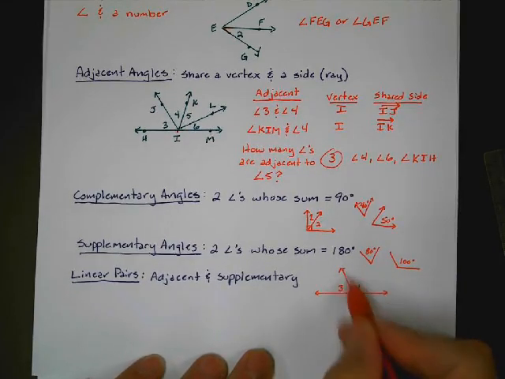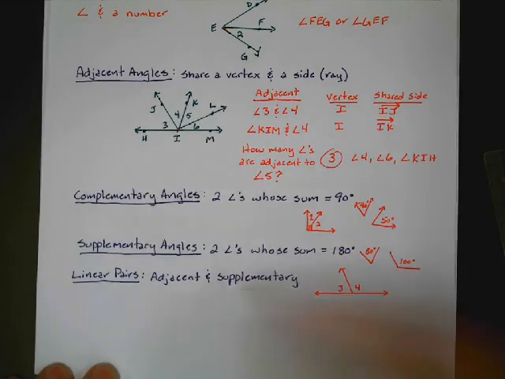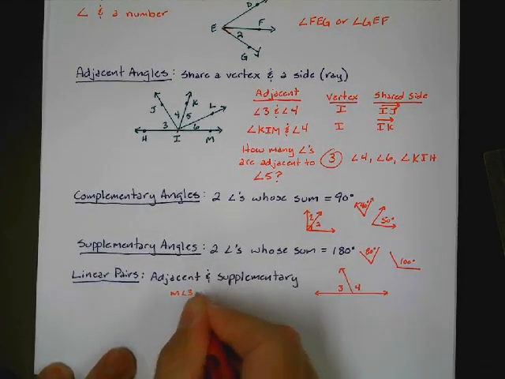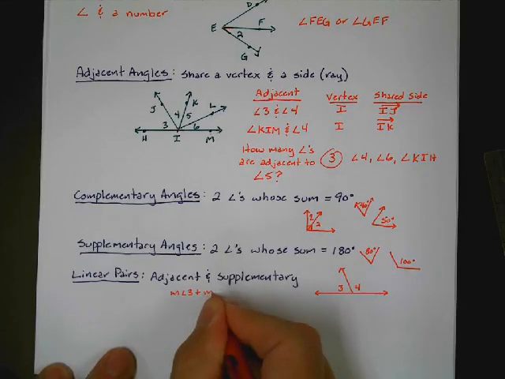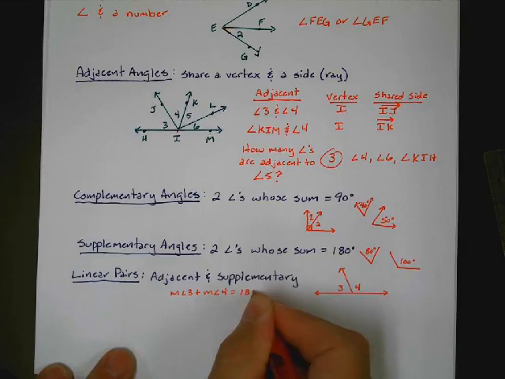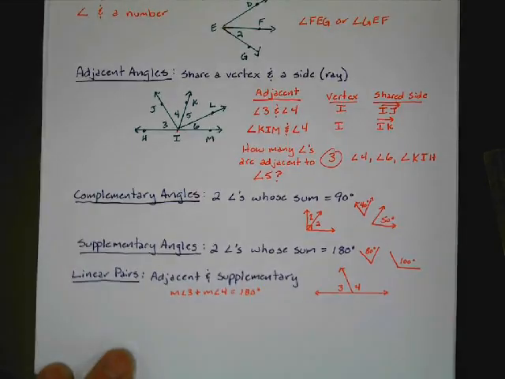They're adjacent because they share this ray right there. So they would also be supplementary. So we can say that the measurement of angle 3 plus the measurement of angle 4 would be 180 degrees because a straight line has 180 degrees. And that's where supplementary comes from.